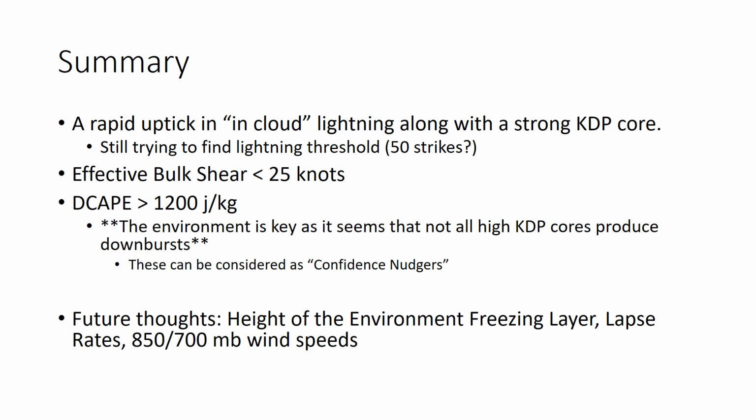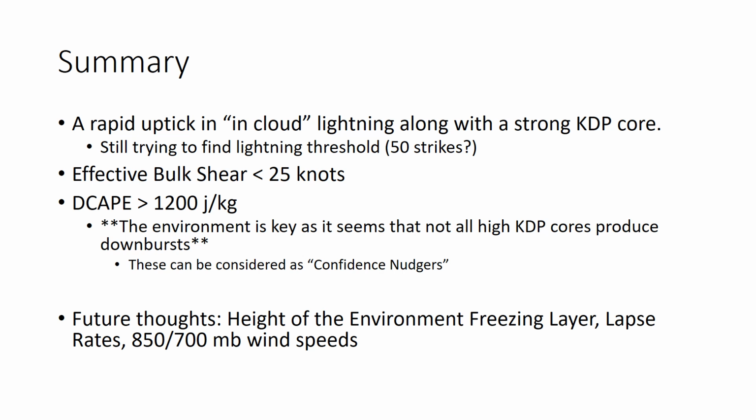You could compare it to a QLCS tornado event, if you see multiple different check boxes that you can check off, it will increase your confidence in issuing a warning or not issuing a warning. So again, I'm just considering these to be a confidence nudger.